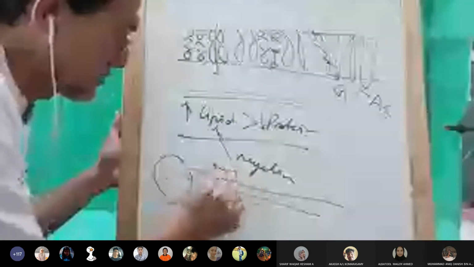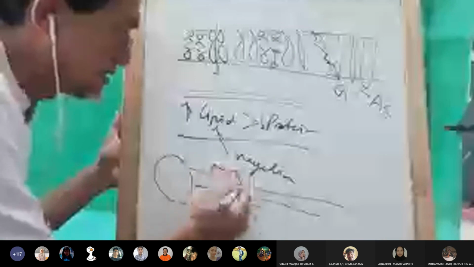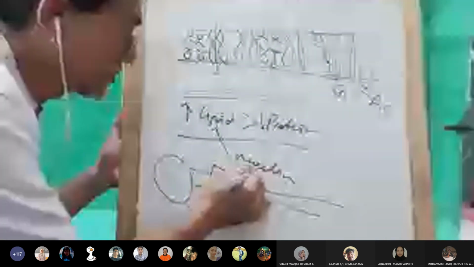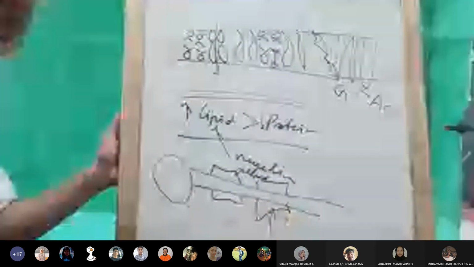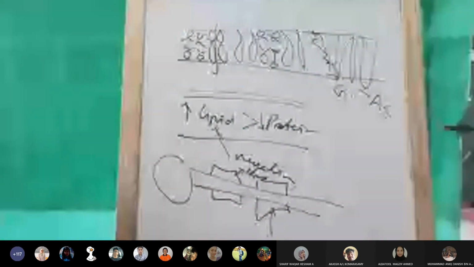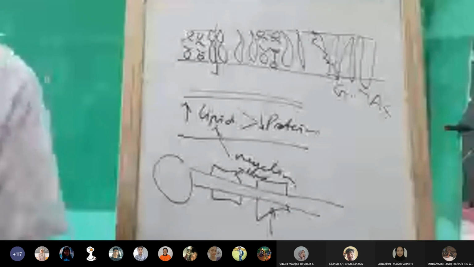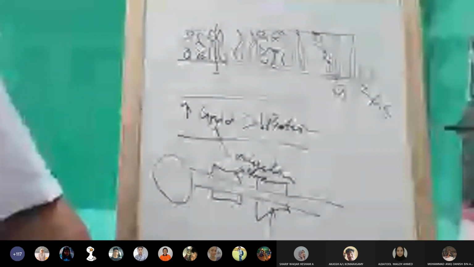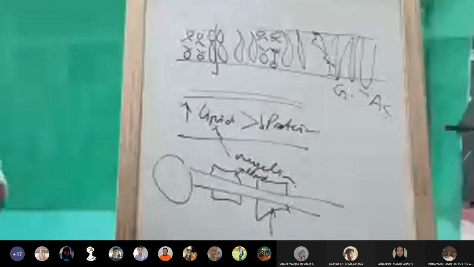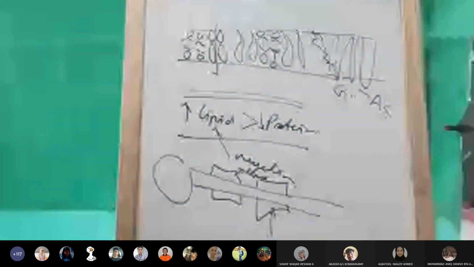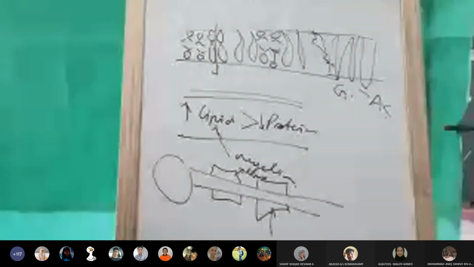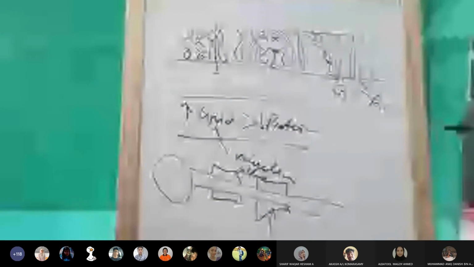So if you analyze this cell, it will have more lipid content compared to protein content. So the main function is basically to prevent conduction of electricity, or action potential or membrane potential. So that's why, as said, they are mainly for insulation.